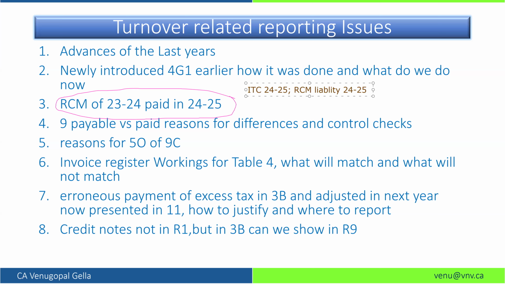Another alternative that you can do is in 4G, whatever you are reporting, you can reduce to that extent in 4A or 4B. That means you have paid the RCM liability, but you have not paid the regular liability. But what happens in 3B? In 3B, you are saying that I have disclosed as forward charge, but it was supposed to be reverse charge.